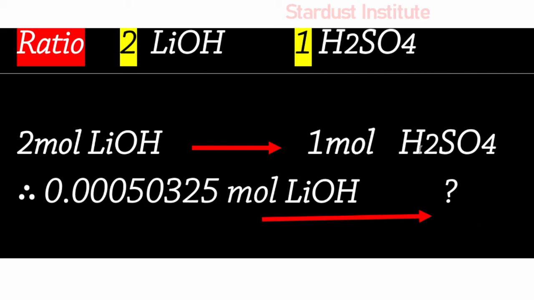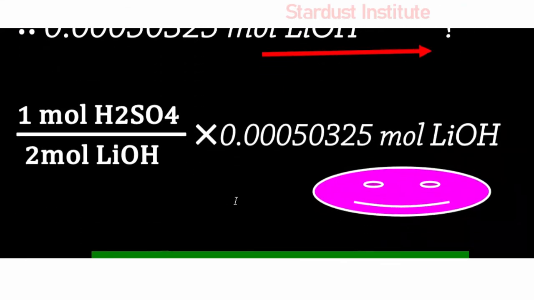You can find the answer in this way: 1 mole H2SO4 divided by 2 mole lithium hydroxide multiplied by 0.00050325 moles of lithium hydroxide.